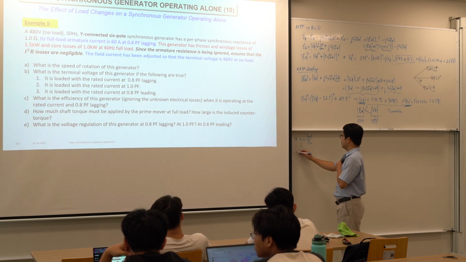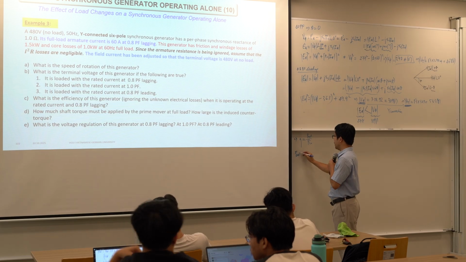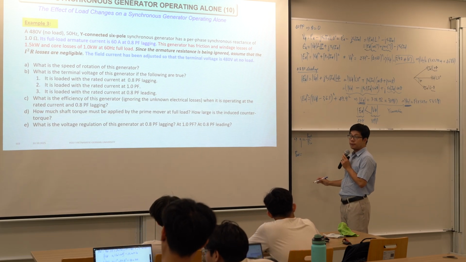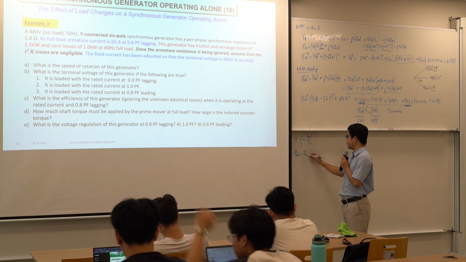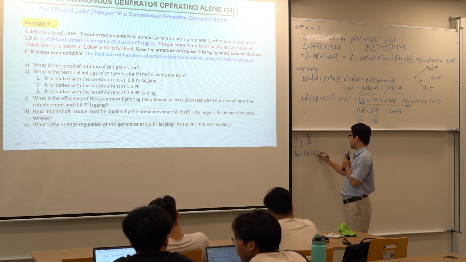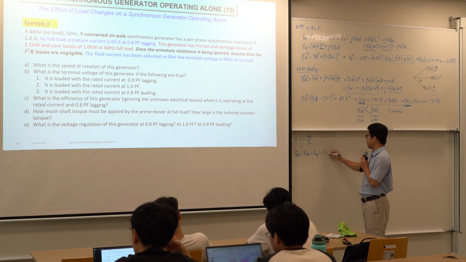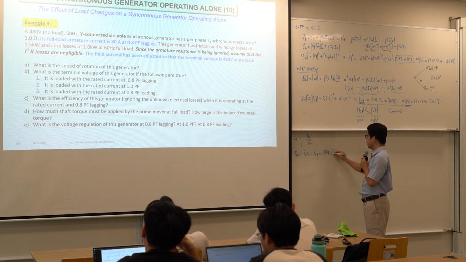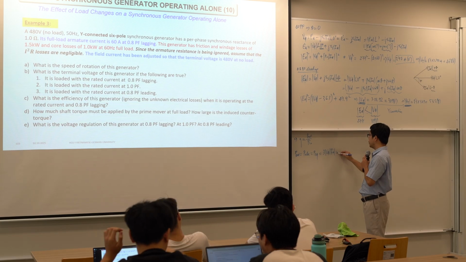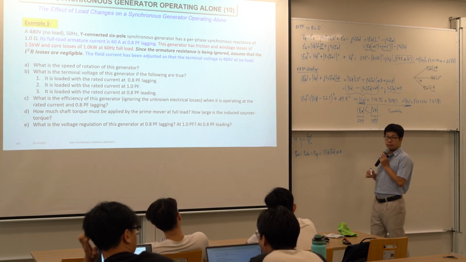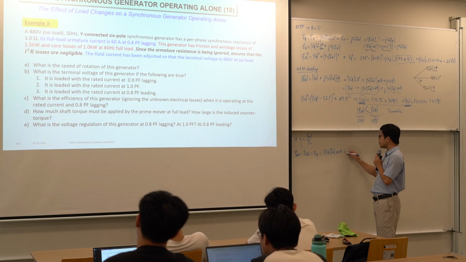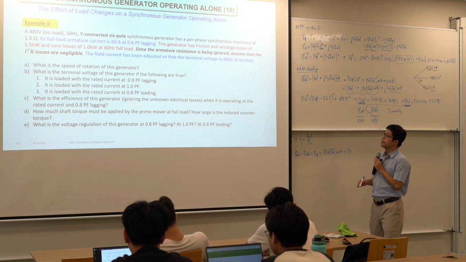For output power, it's very easy because this one is a generator, so output power is electrical power, and this one is 3-phase. So here it is 3 V-phase IA cosine theta. V-phase is lagging, how many?